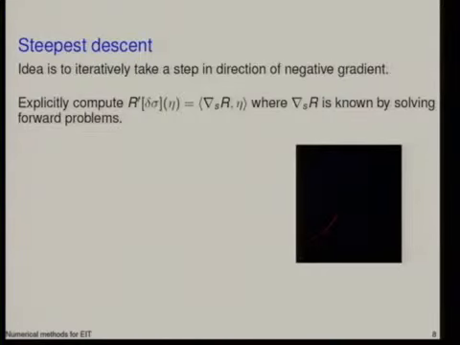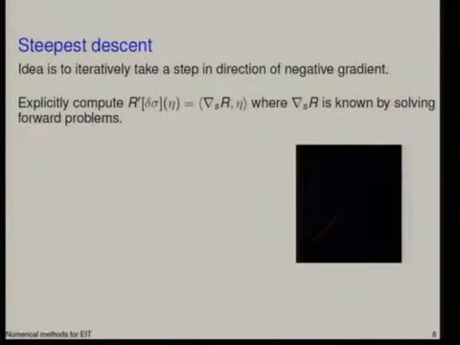Anyway, the way this goes for the particular problem is that we compute a Fréchet derivative of this R, not the penalty, but the misfit term, at some current choice of delta sigma in some direction eta. This can basically be computed by this function, which is denoted by nabla S R. This is a function which sits in our space.